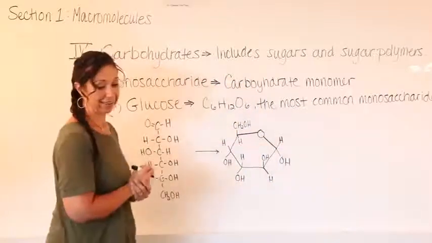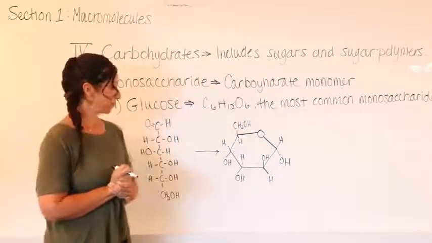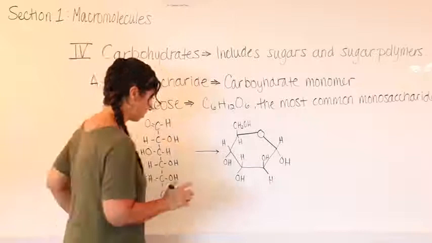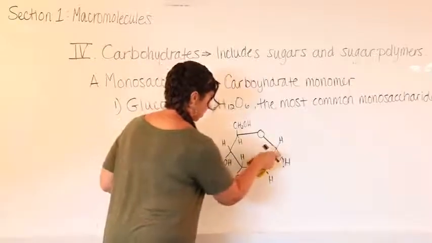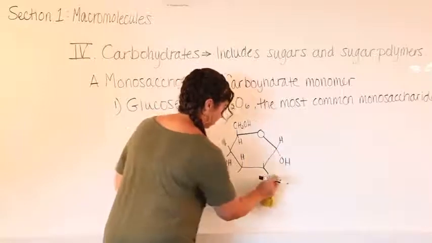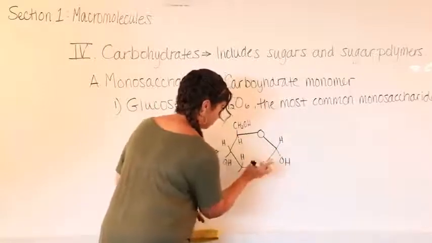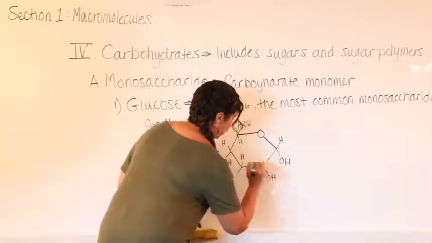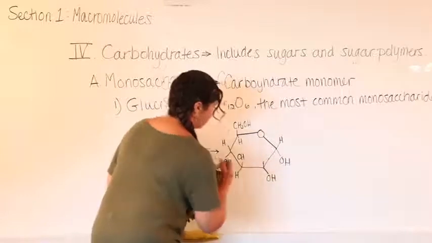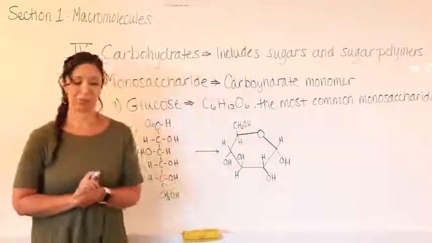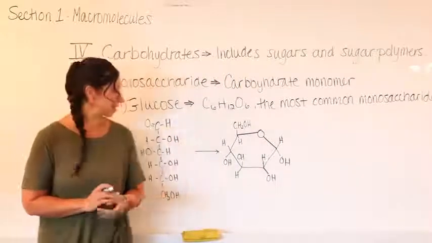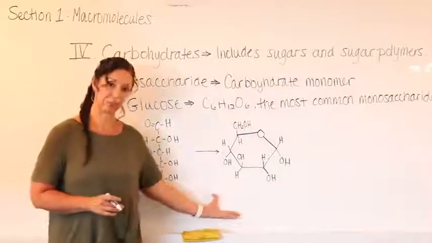That is glucose right there for you. These can actually flip around, but oftentimes you'll see it like this as well. Okay, there's your glucose right there. So that's what glucose looks like when it's in a chain or when it's in a ring.